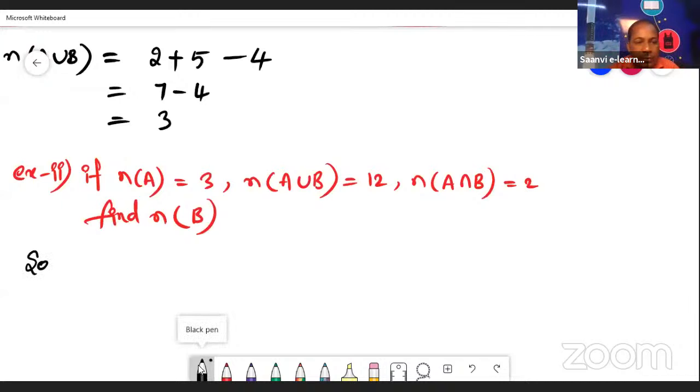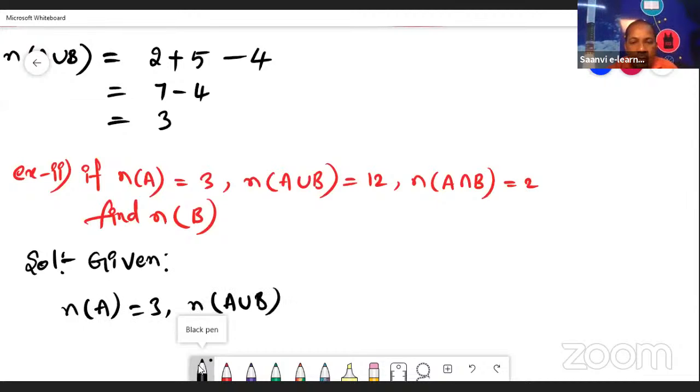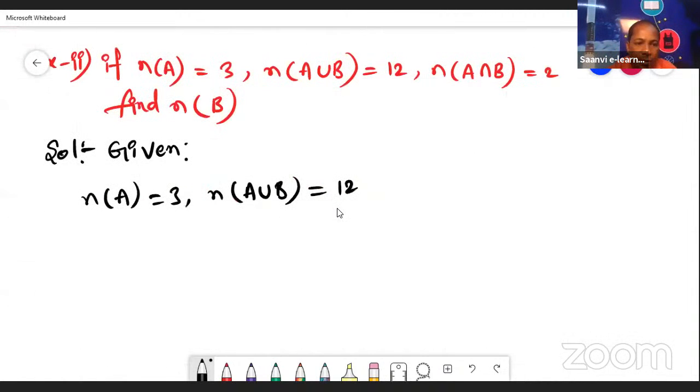First of all, write the given data. Given n of A is equal to 3, n of A union B is equal to 12, and n of A intersection B is equal to 2.